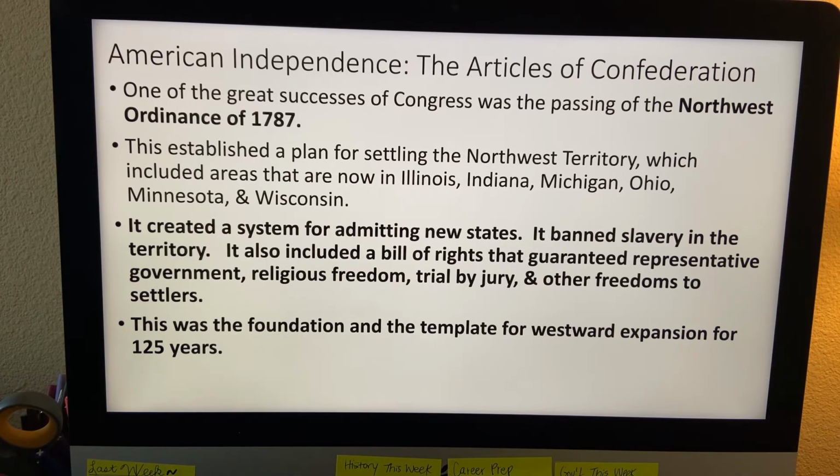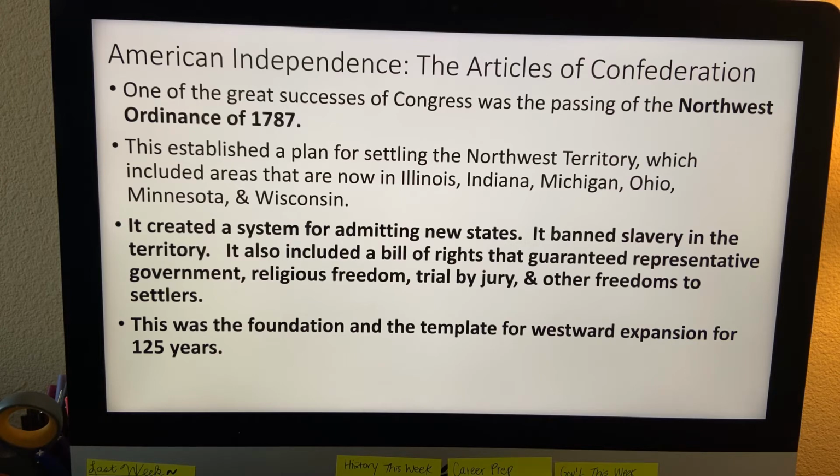The important thing is that it creates a system for admitting new states in this territory. So we have a system for admitting new states. And this one's big. It bans slavery in the territory because this is going to be a problem for the next 80 plus years. It's going to be a problem all the way up until the American Civil War. And it bans slavery.